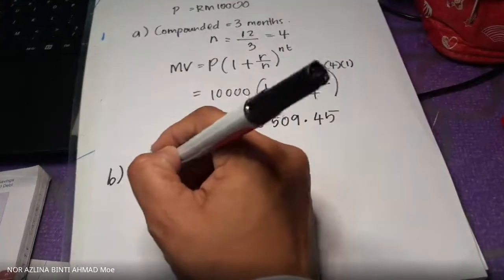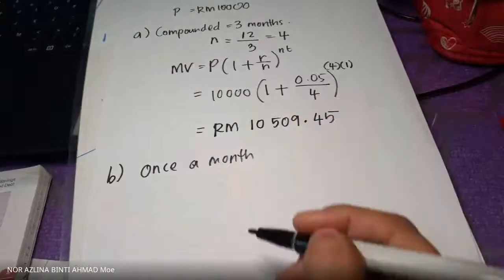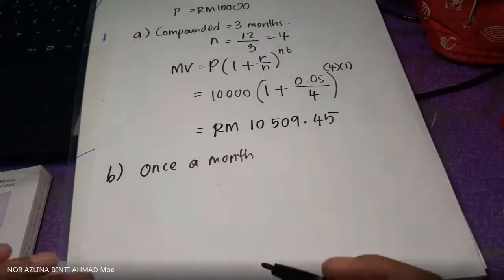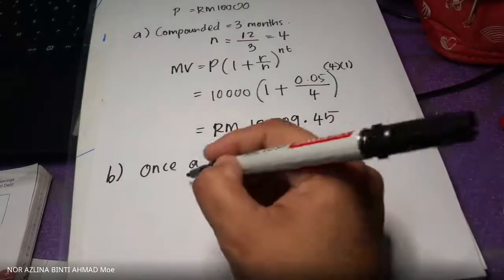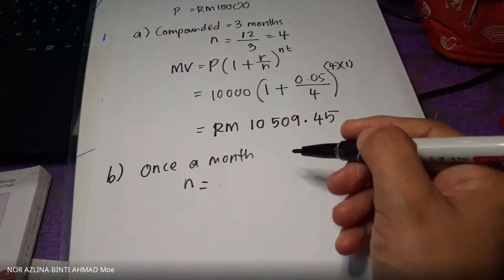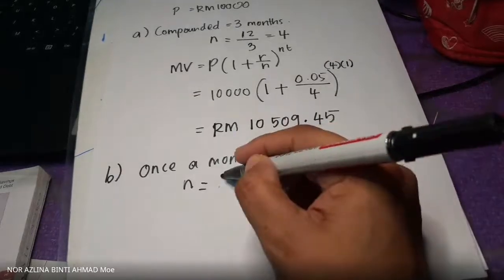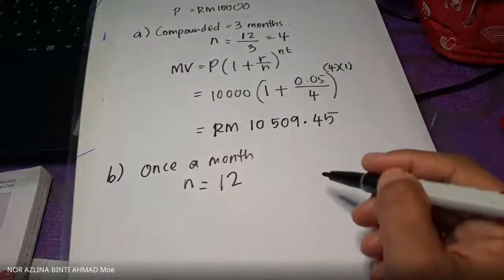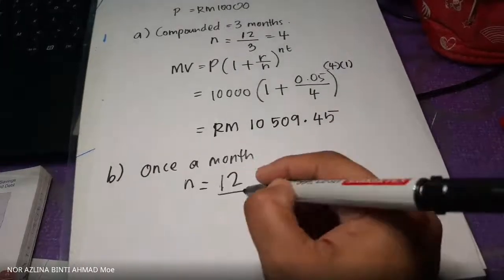Compounded every 1 month. So N equals, every 1 month it is compounded. Yes, N equals 12. Very good, Inky. N equals 12, because 12 divided by 1 month.